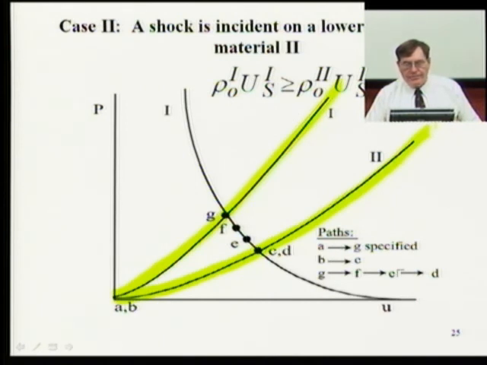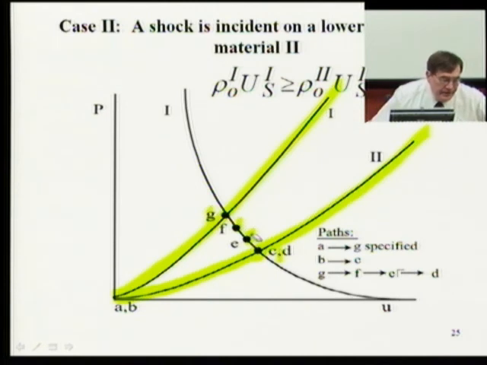Now, the easiest thing to notice is that you go from the G field, which is the given information, and it steps down across the relief waves from F to E to C. And when it finally gets to the final state where C and D are common, they have to be equal. So what you notice that I've done is divide this into 3 steps.